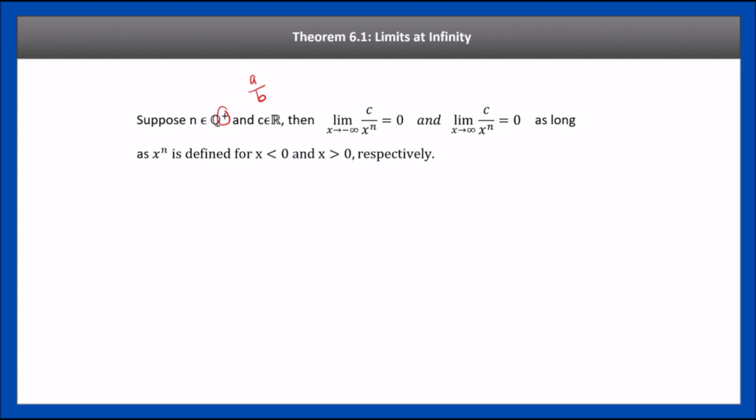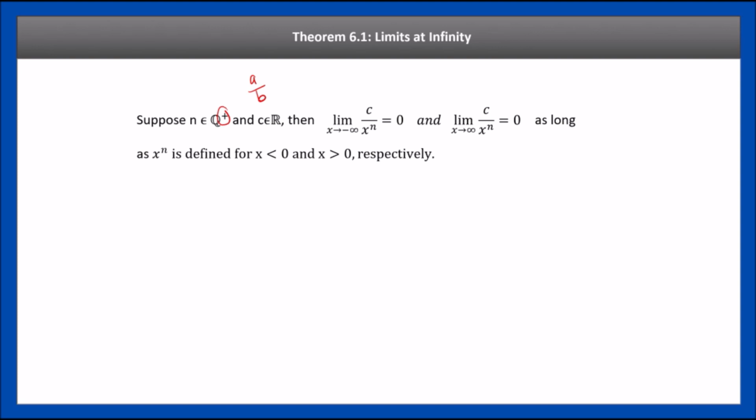Then the limit as x approaches negative infinity of c over x to the n is equal to 0, and the same limit, but evaluated as x approaches positive infinity, is 0, as long as x to the n is defined for x being negative or x being positive.